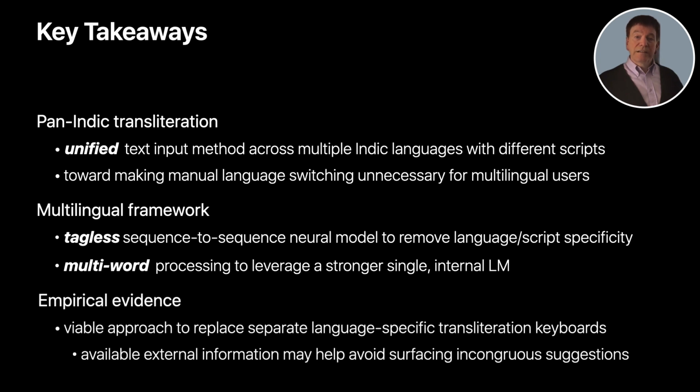And we observed in experiments comparing monolingual and multilingual transliteration that this framework is viable to help multilingual users enter Indic text faster and more accurately. This is especially true when external information is available to reduce the likelihood of incongruous suggestions, either in terms of incorrect word sequence or wrong output language.